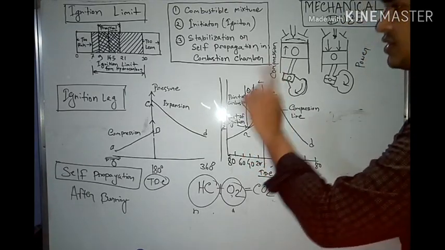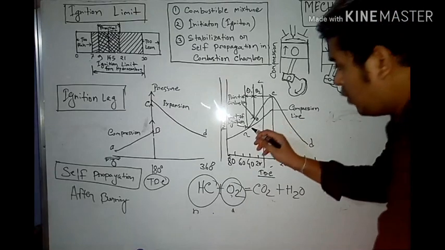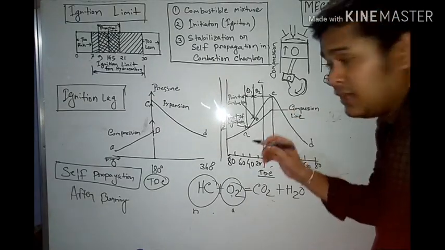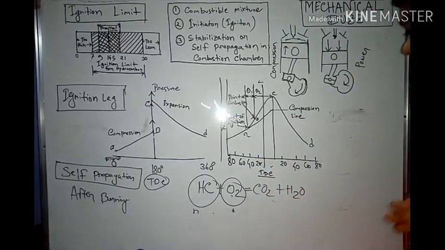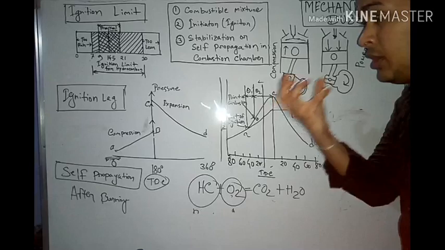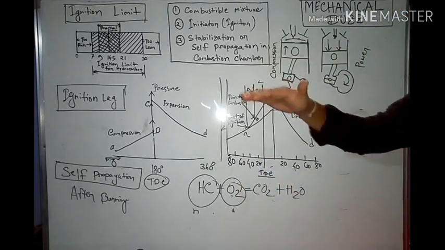From A to B, we say that is ignition lag. Why do we say that? Because the moment that at point A the spark occurs, the spark had a lot of heating energy, at its peak value.